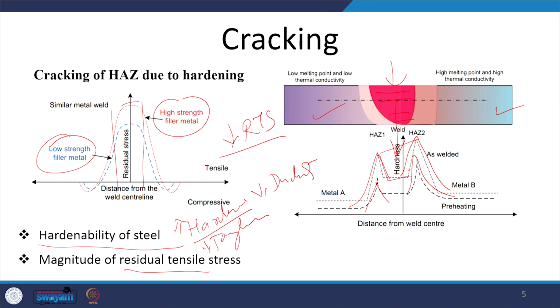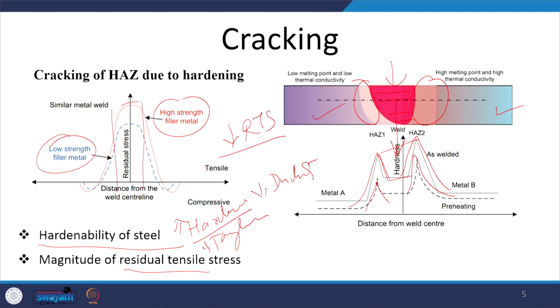So, the good part in fusion welding is that using filler, the hardness of the weld zone can be adjusted, can be regulated to avoid cracking tendency, but not much can be done as far as the heat affected zone is concerned. So, that has to be technologically managed by using proper preheat in order to avoid embrittlement, excessive hardening and cracking tendency.